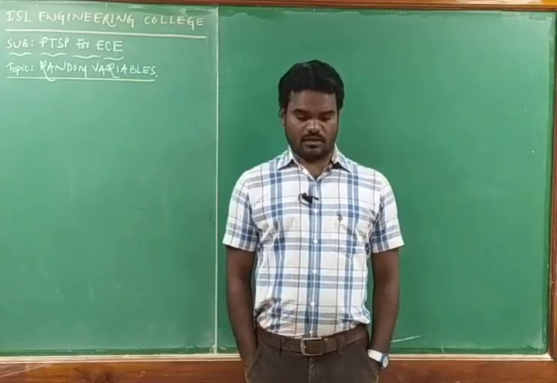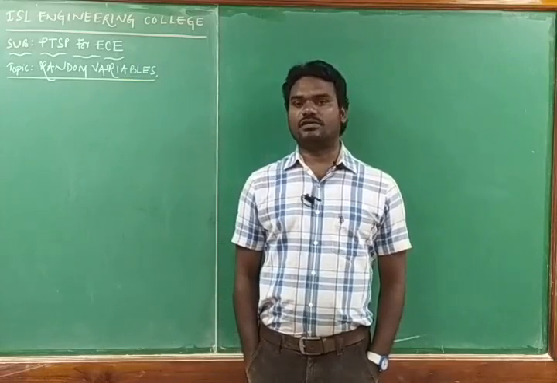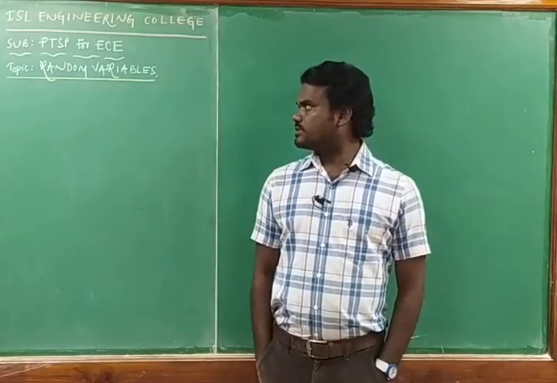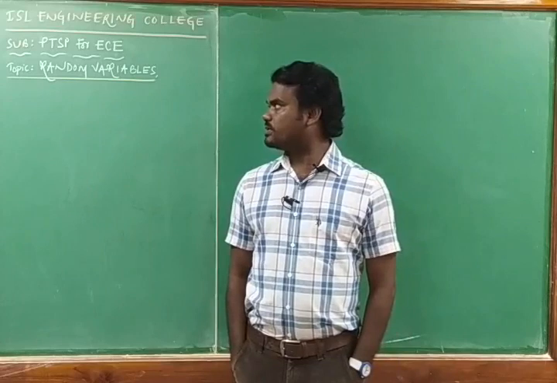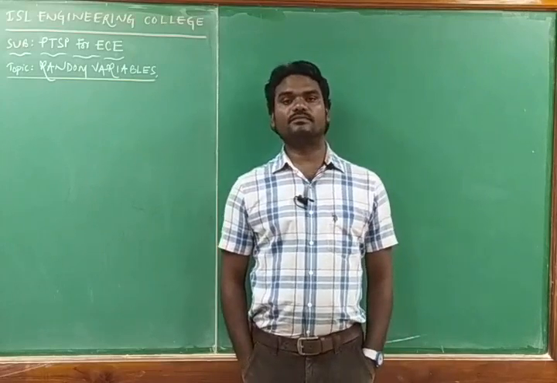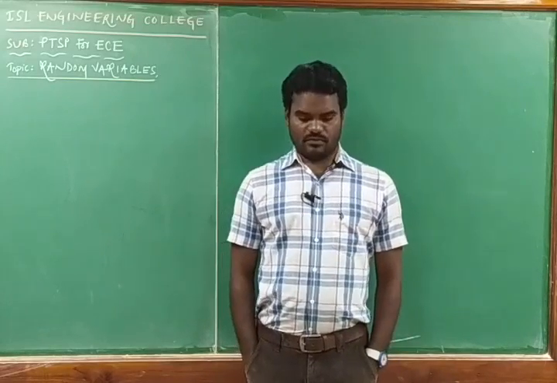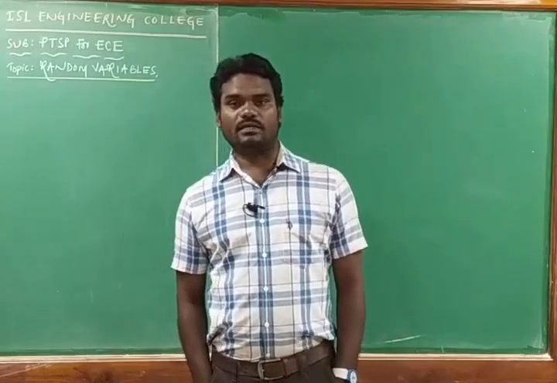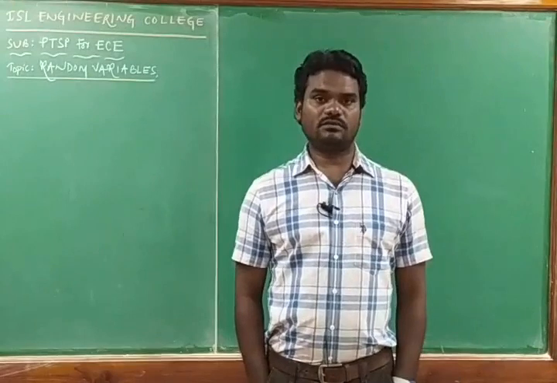And we have been discussing the second part of the first unit, that is random variables, and using these random variables we are going to determine the probability distribution, that is P of x.